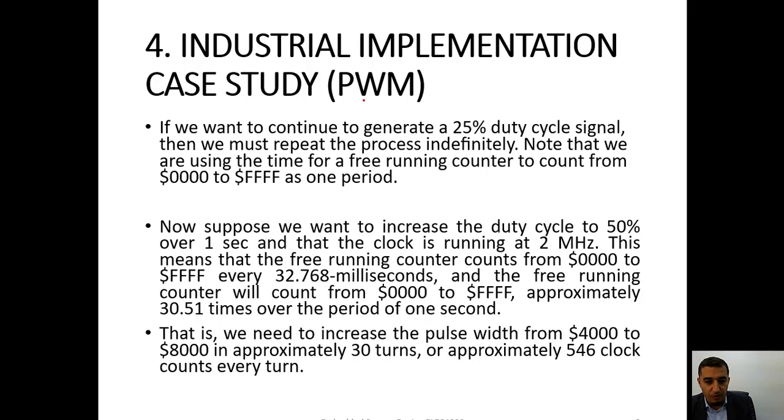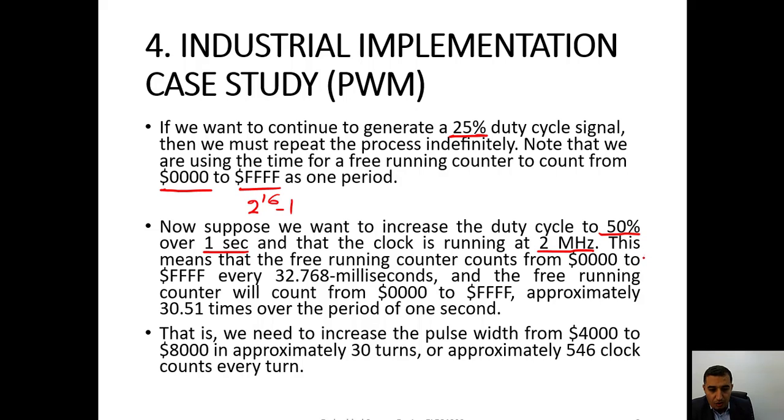Now, if we want to continue to generate a 25% duty cycle signal, then we must repeat the process indefinitely. Note that we are using the timing of the free running timer counter, which counts from 000 to FFFF, which is 2 to the power 16 minus 1. Now suppose that we want to increase the duty cycle to 50% over 1 second, and that the clock is running at 2 megahertz.